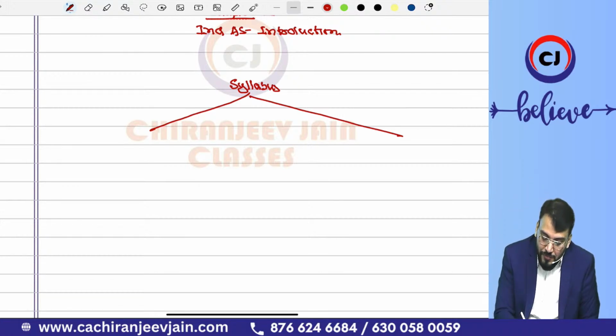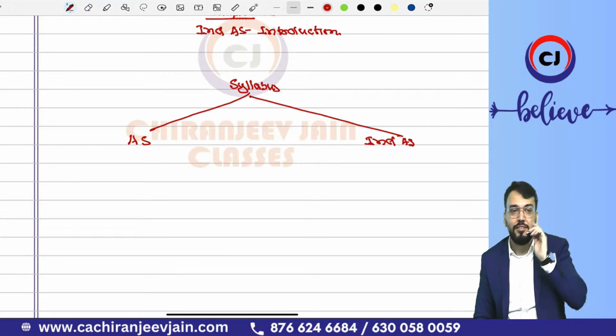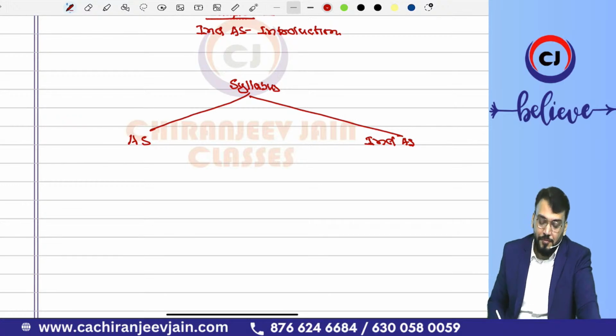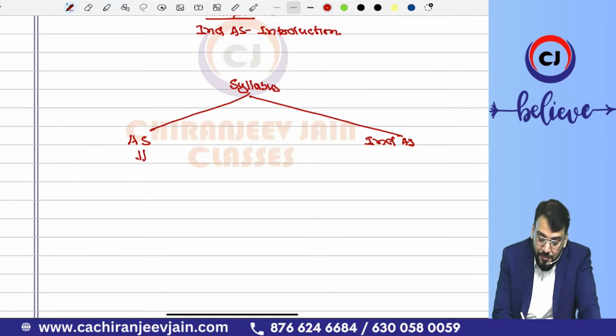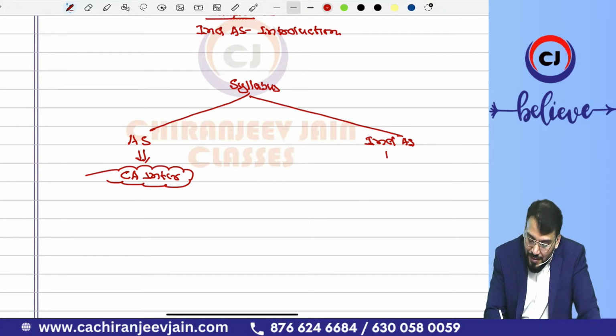One is AS and one is IND AS, that is, Accounting Standard and Indian Accounting Standard. AS means whatever you have done in CA Inter. Correct? IND AS means what you will do in CA Final.